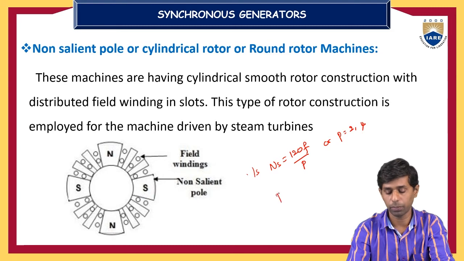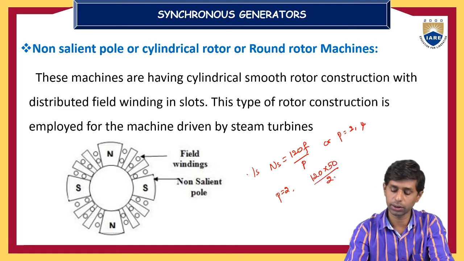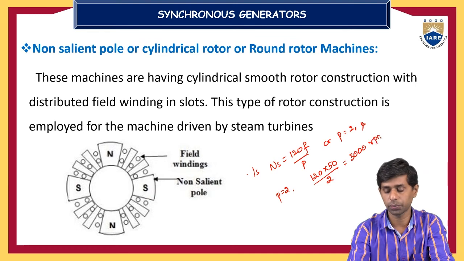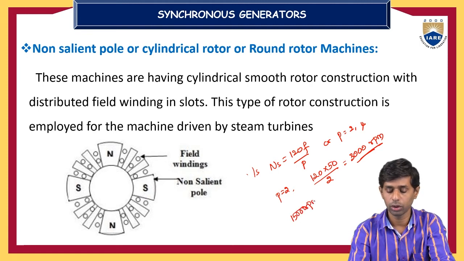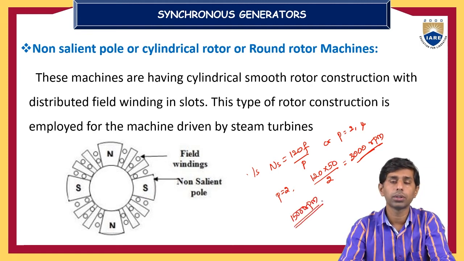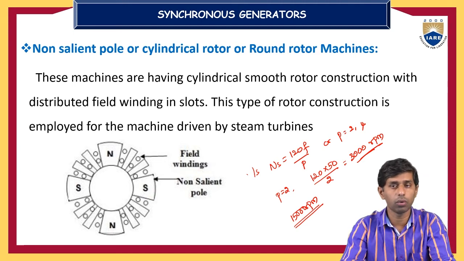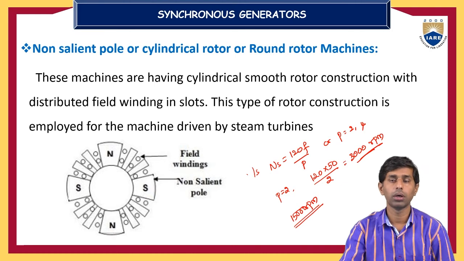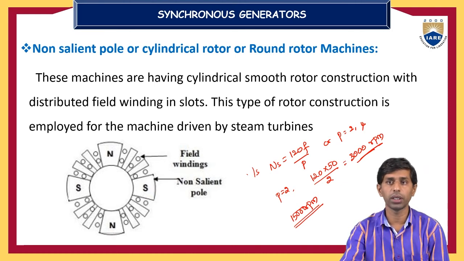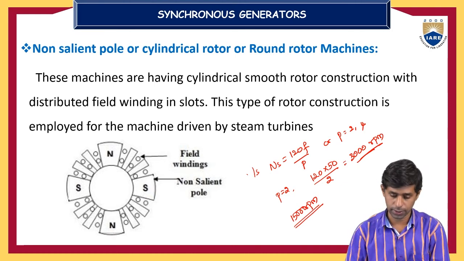If the number of poles is 2, the rated frequency is 50 hertz, it is around 3000 rpm. So it can be rotating at 3000 rpm or at 1500 rpm. So the number of poles is limited to either one pair or two pairs. So this kind of rotor, in synchronous generators, is generally preferred in steam power plants.